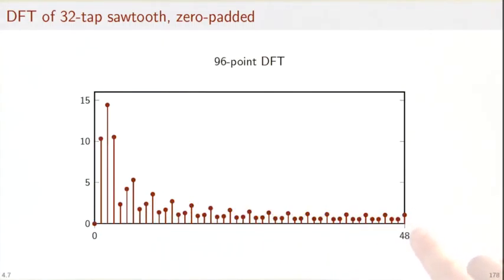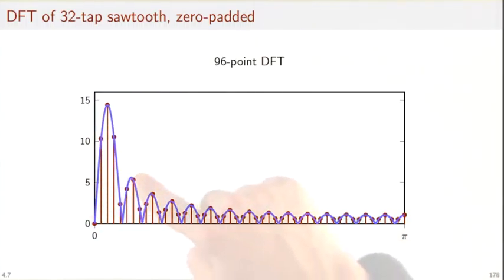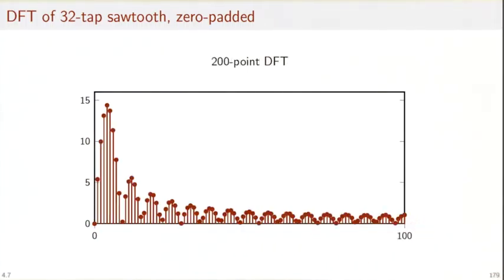For example, here we have the 96-point DFT, which was the extension we had seen just earlier. And we find indeed the DFT as predicted by sampling. We do the same exercise now with a 200-point DFT, and this is a sampling of the DTFT of the finite support signal, as shown here in blue and the samples in red.